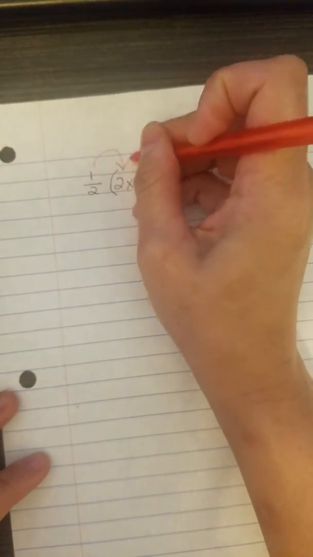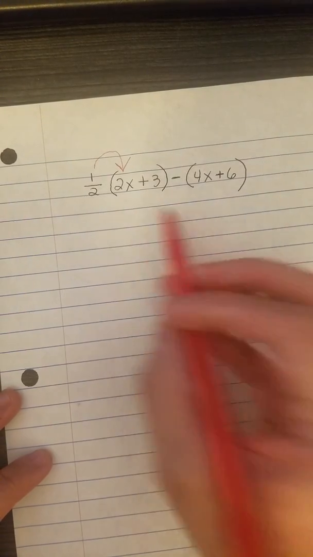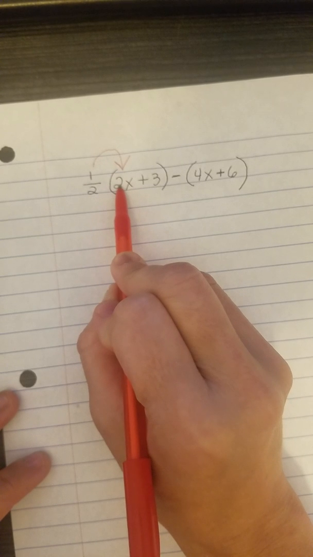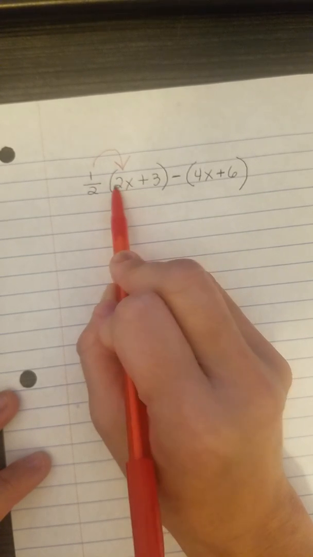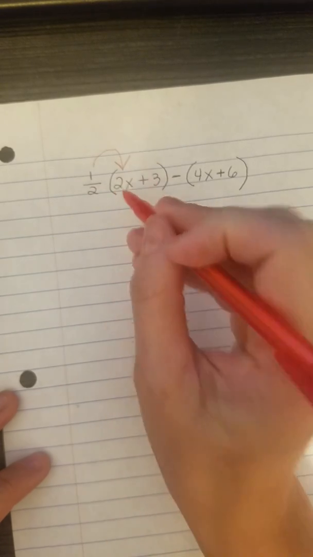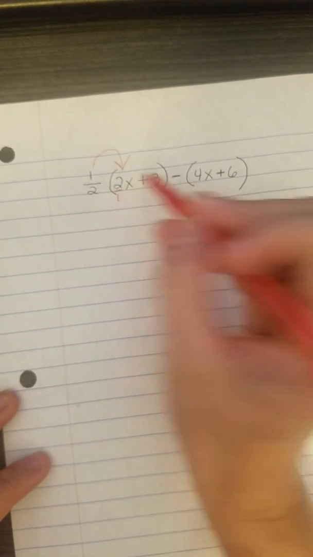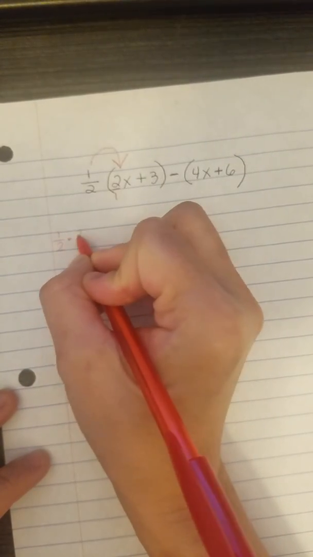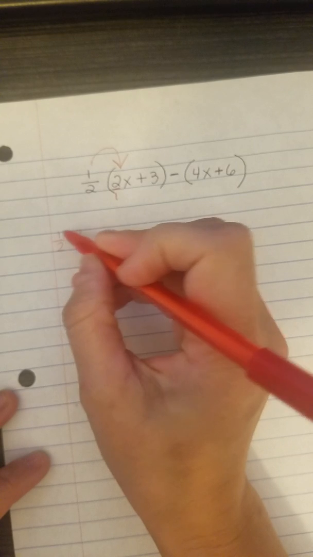Half times 2x. Okay, remember when you're multiplying a fraction with a whole number, the best thing to do is make this 2 look like a fraction. So what does a 2 look like as a fraction? Well, you could just put a 1 underneath it. Okay, and then you have 1/2 times 2 over 1. When you multiply fractions, it's easy.